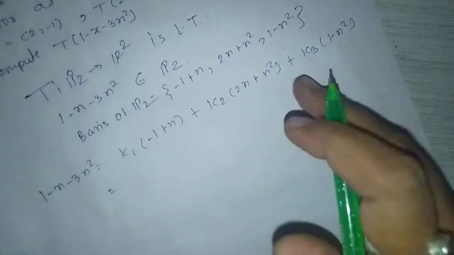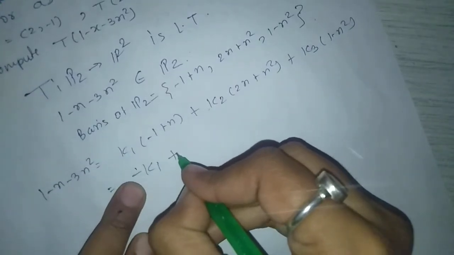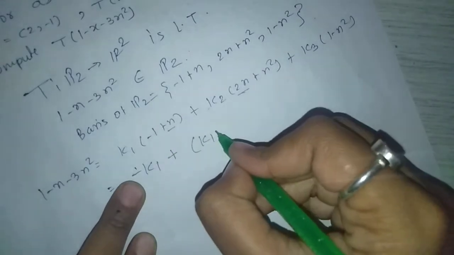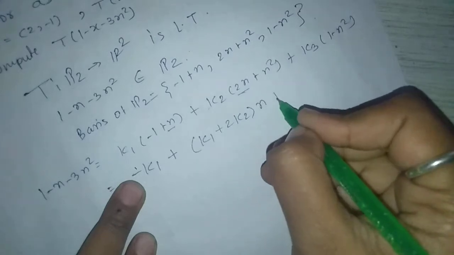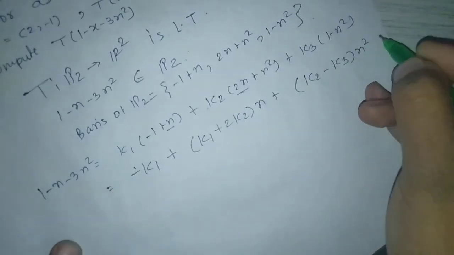simplifying this term we get -k1 + k3 as the constant term, then for x, k1 + 2k2, and for x², k2 - k3.